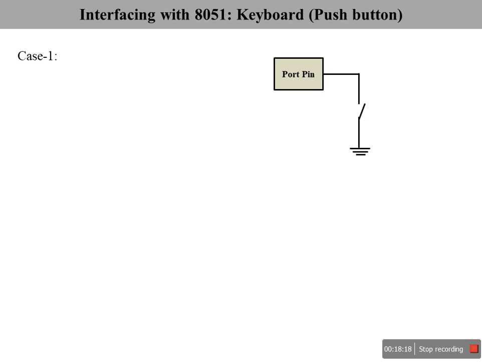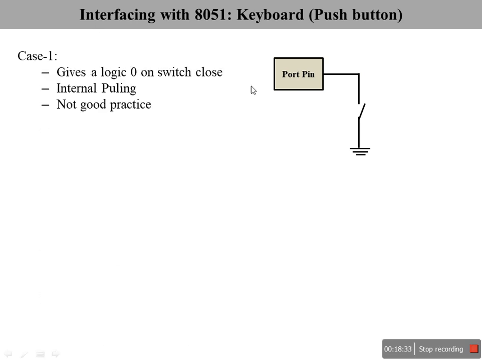Yes, this is the first case. It is possible that we can connect this push button with one end grounded, and the other end connected to some pin of the 8051 port. Then when you close this button, it carries logic 0. Inside the code you have to check this port pin and see whether it is pressed or not.